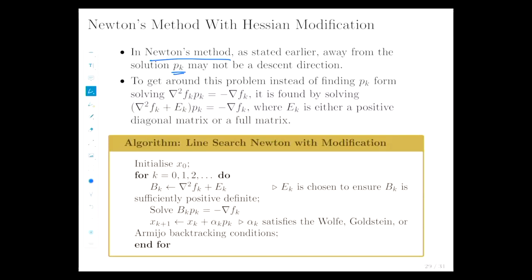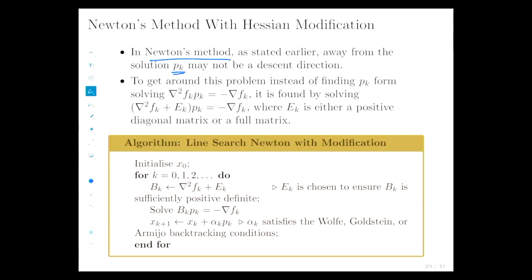I think maybe it has a relationship with the Hessian. Yeah, correct. It really depends on the Hessian. The Hessian might not be positive definite far away from the solution. So the pk that is generated might be in a weird direction that is not a descent direction. Okay? So that's why.